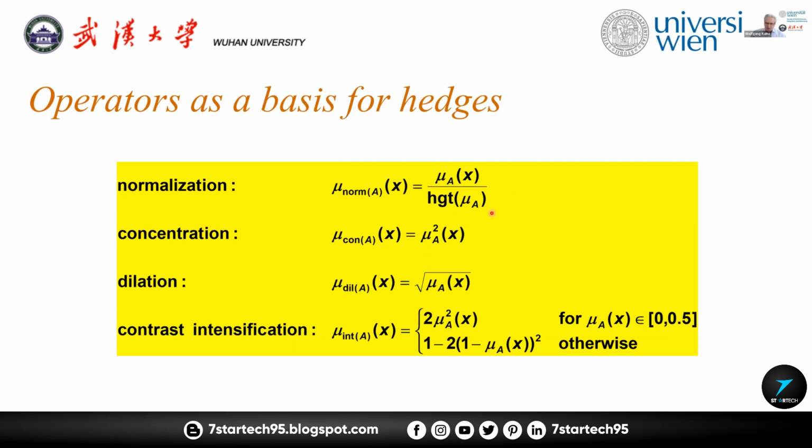functions. Why is it called concentration? Let me try to draw something here. If we would have a membership function that looks like this, and we would apply a concentration operator, meaning, for example, we would take the square of all the membership values.